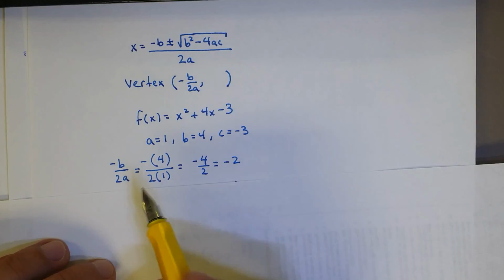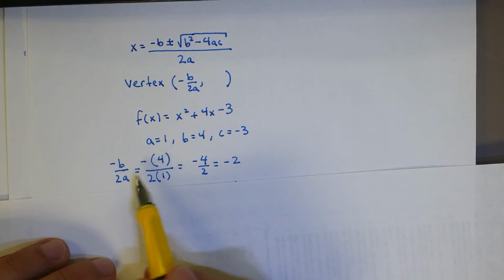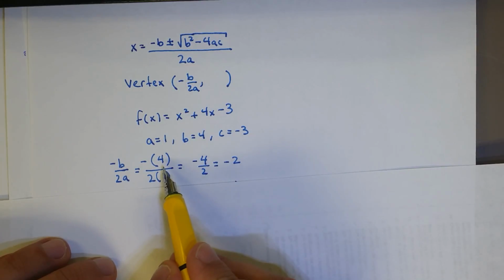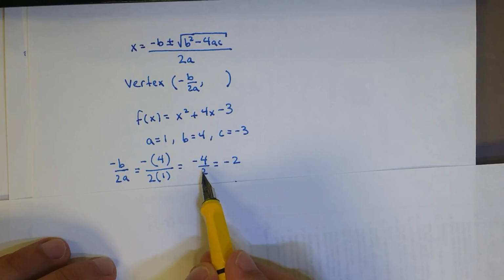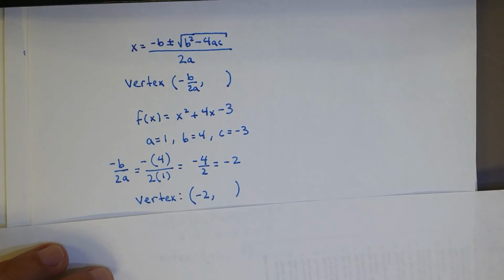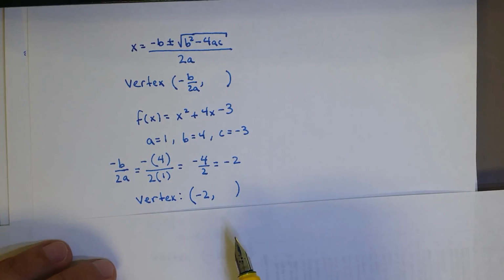And I'm going to go ahead and substitute that into -b over 2a to find the x-coordinate of the vertex, and I find that I have -4 over 2, which is equal to -2. So that's the x-coordinate of the vertex.